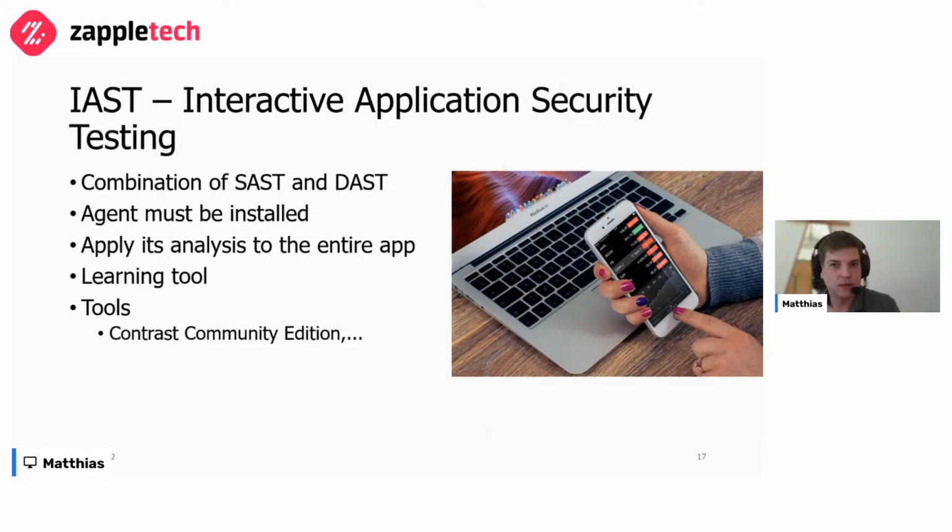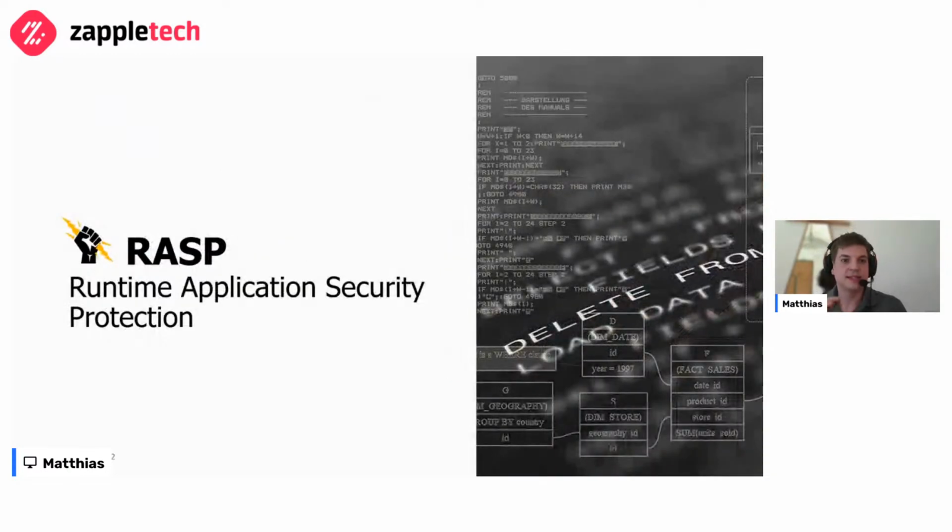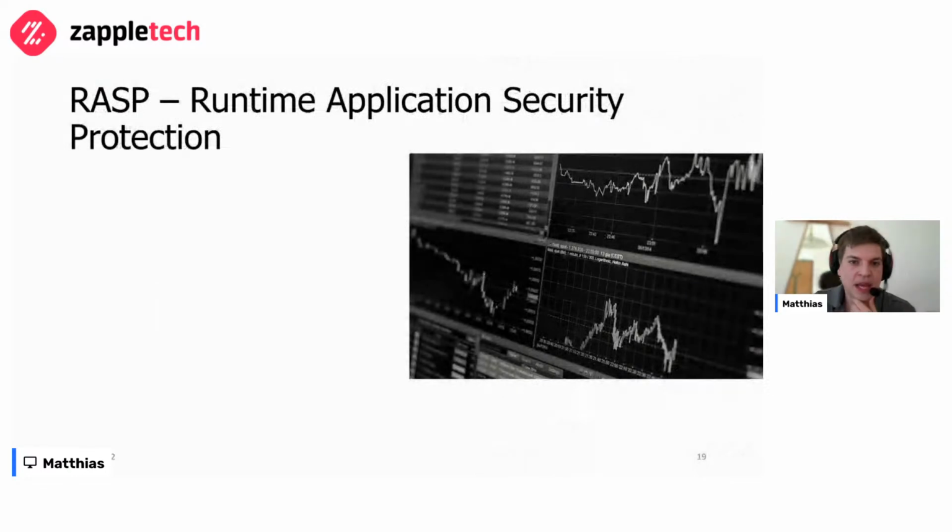And one is missing, which is also security testing. This is RASP. It's Runtime Application Self-Protection. And this is not so much a security testing approach, it's more a monitoring approach, but still it's very important because you want to know what is happening on your application and you want to see a potential attack. And here we use RASP as a technique.